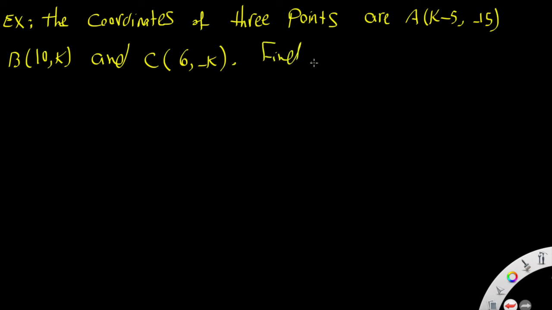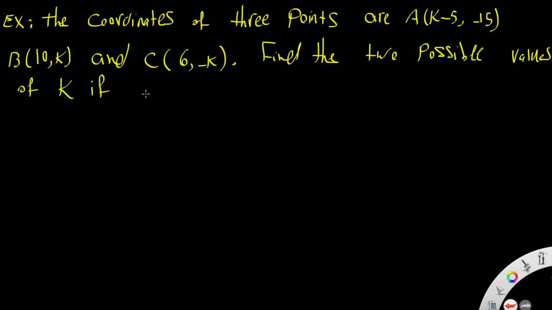Find the two possible values of k if A, B, and C are collinear.